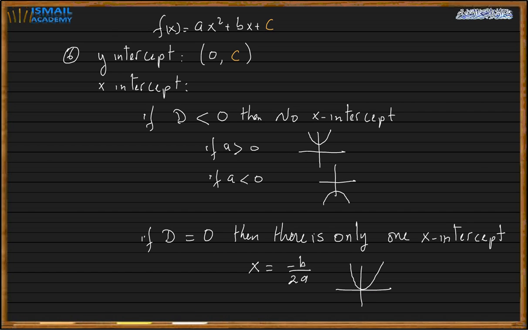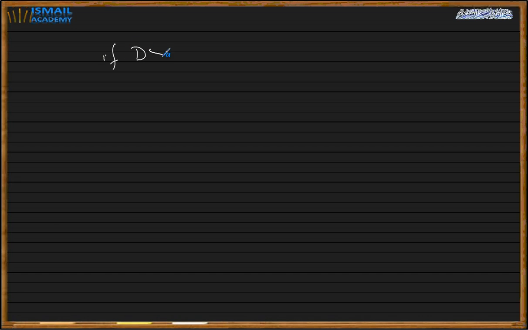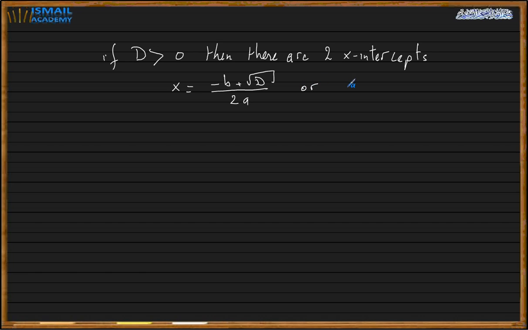The last case, if d is greater than 0, then we have two x-intercepts. Those two x-intercepts are x equals minus b plus the square root of the discriminant over 2a, and x equals minus b minus the square root of the discriminant over 2a.